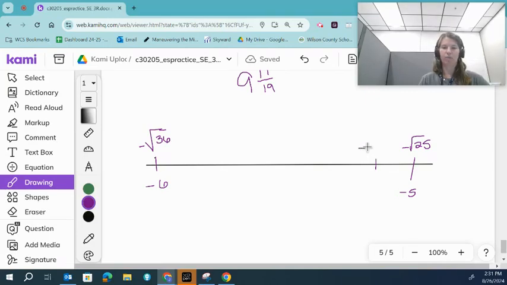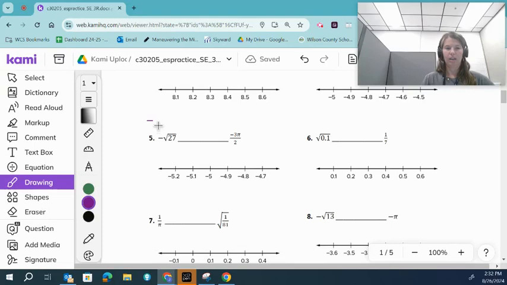And the negative square root of 27 falls really close to that negative square root of 25. So we're going to have -5, and there are 11 spaces between my negative square root of 25 and negative square root of 36. So 11 is my denominator, and it is 2 spaces over. So 2/11, which is going to be really close to -5.2, or 2 out of 10. Okay, it's really close to that.